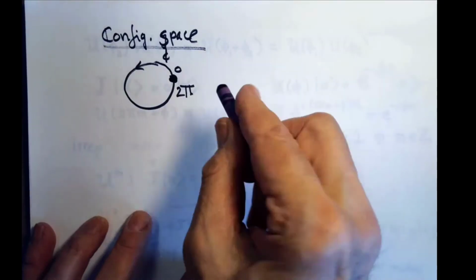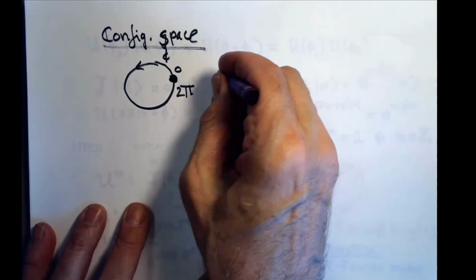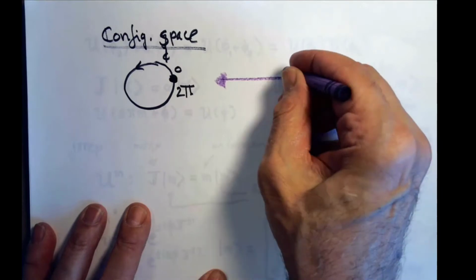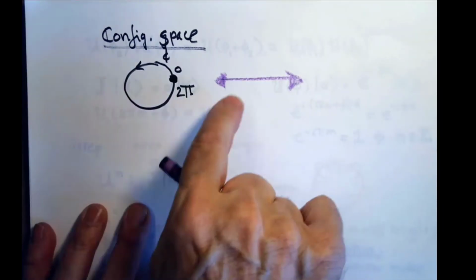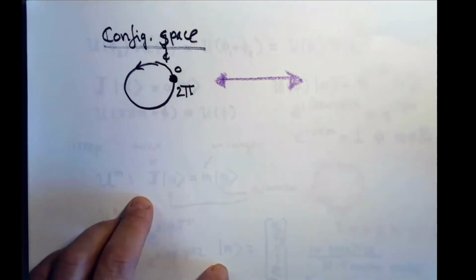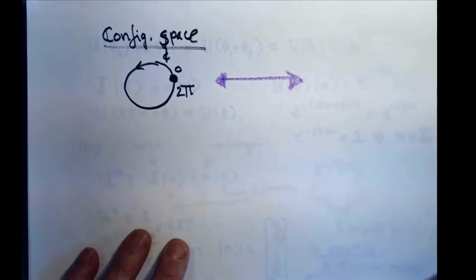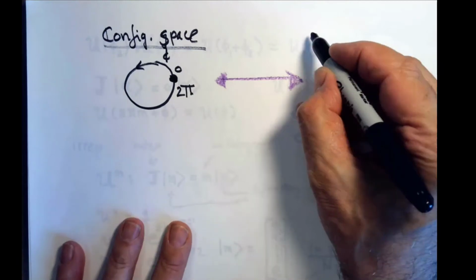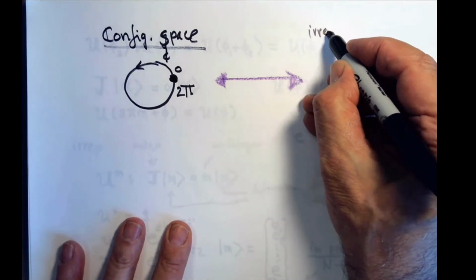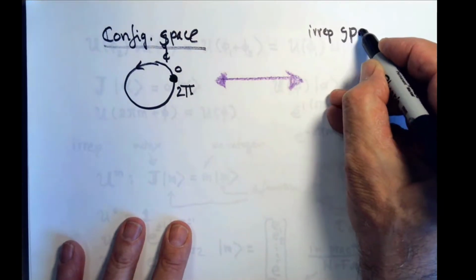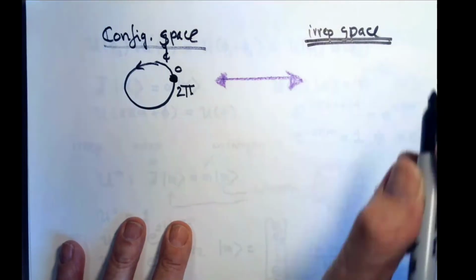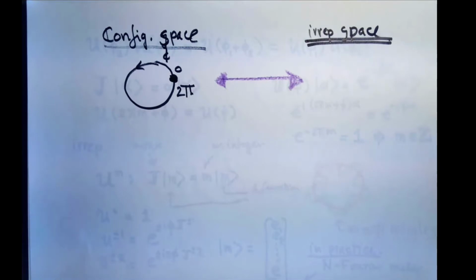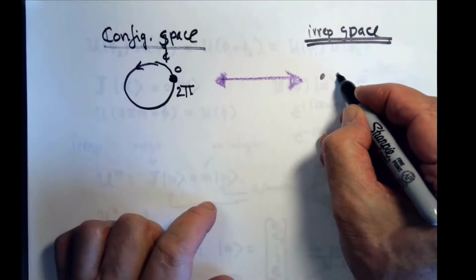So when we now go to irreducible representations, for finite groups we had a finite number of points, and we had a finite number of irreducible representations. But now in an irrep space, the simplest example is wave number or momentum space for SO2, but in general we get a lattice of solutions.